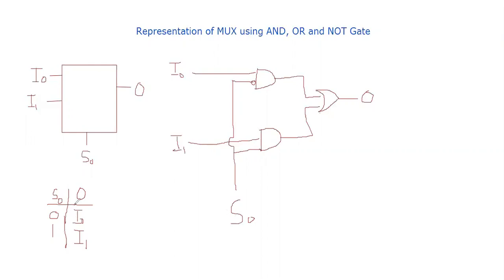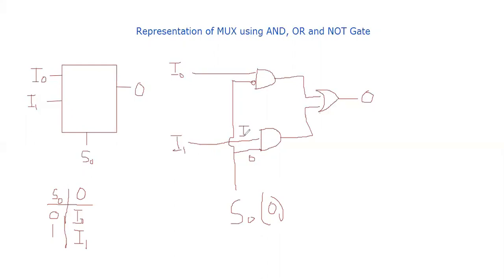Now, if the value of S naught is 0, and I am passing 0 over here, 0 will go here. So we will have a 0 here, and some I naught, I1 over here.